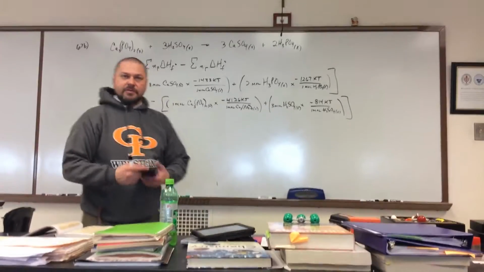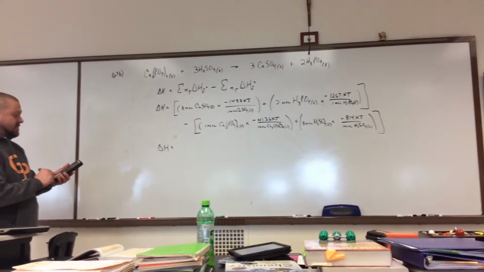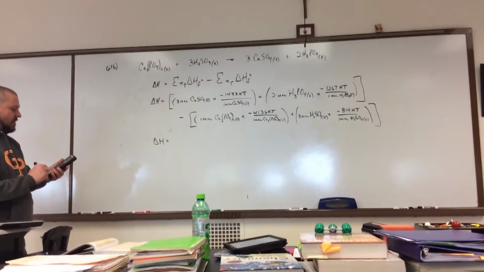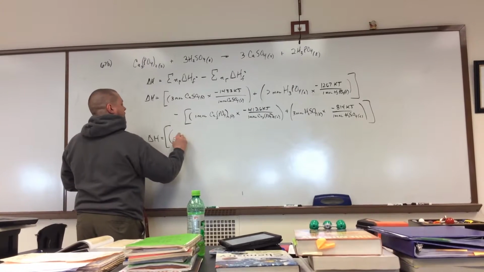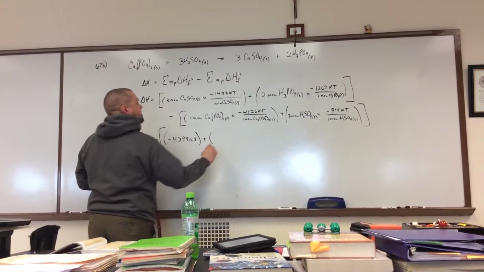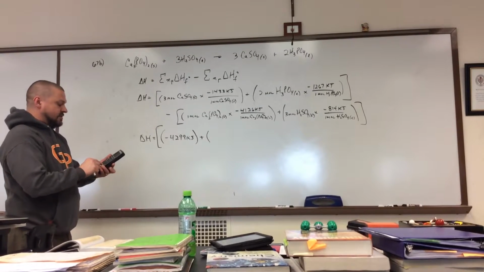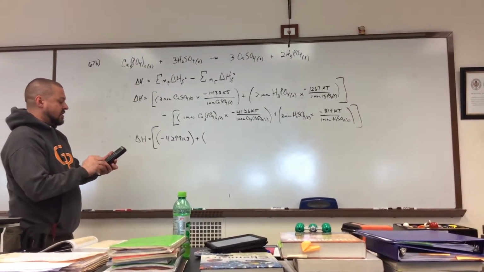You'll be a lot better off if you do. You're less likely to make sign errors. So I'm going to take 3 times negative 1433, and I get negative 4299 kilojoules plus 2 times negative 1267.